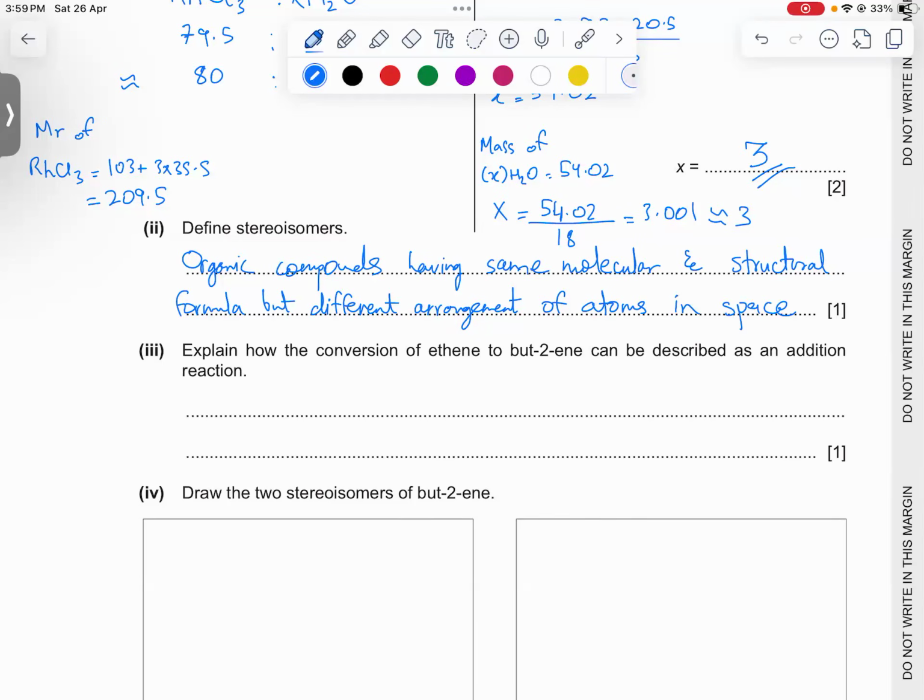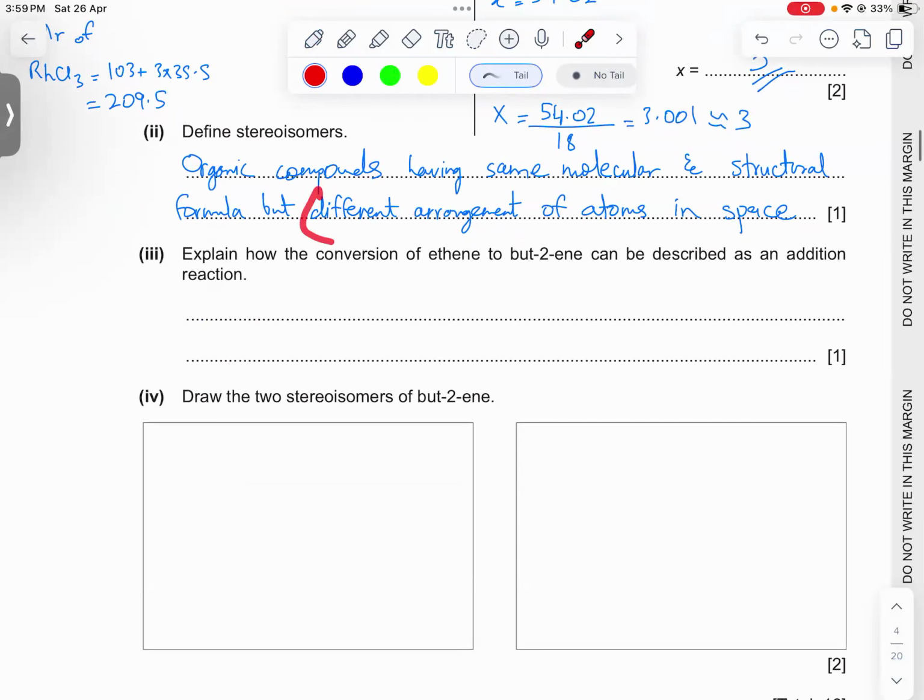All right, so basically this is what gets you the 1 mark. Different arrangement of atoms in space. This is a term that is very important for using in stereoisomers.